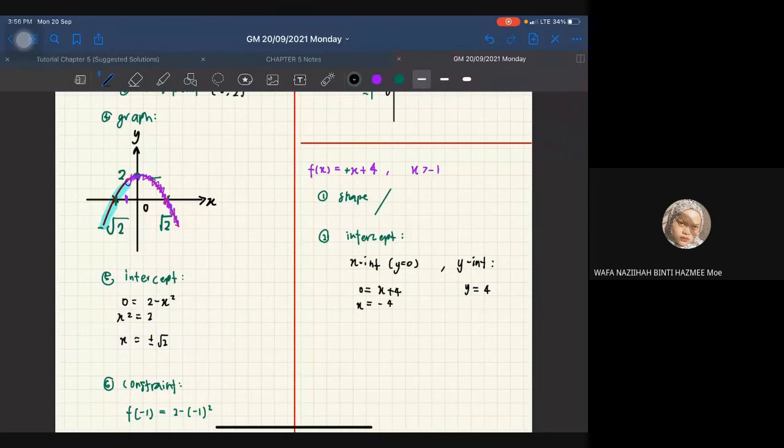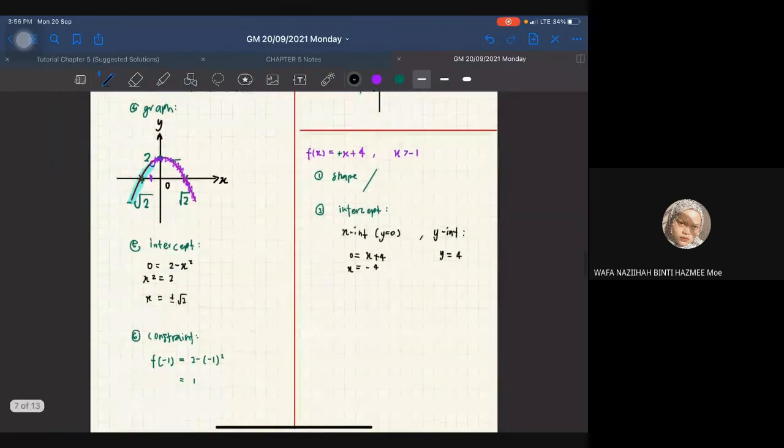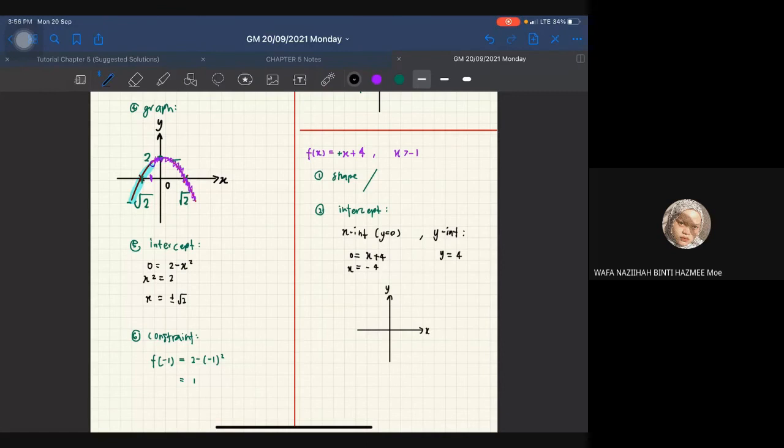Okay, and then dah boleh lukis. Okay, so lukis this graph. Macam tu. This is x, this is y, and then origin 0. Okay, so dia akan jadi menegak. Macam ni. Okay, and then dia ada dua intercept.